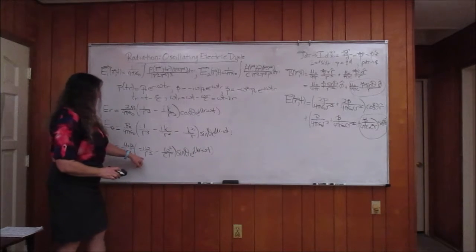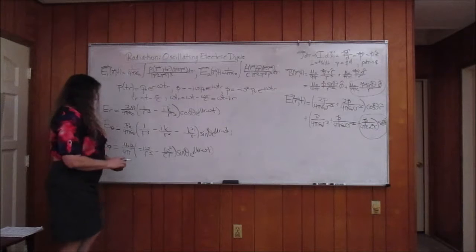Minus i omega over r squared minus omega squared over c r.